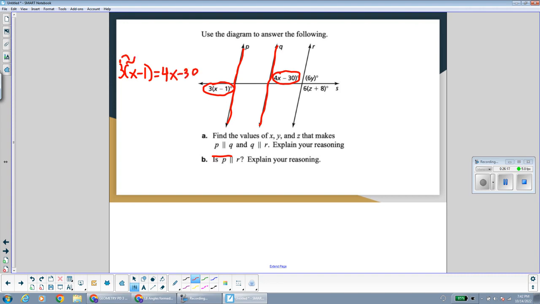Let me distribute the 3 inside the parentheses. Let me add 3 to both sides. Subtracting 4x from both sides. And we have x is equal to 27.